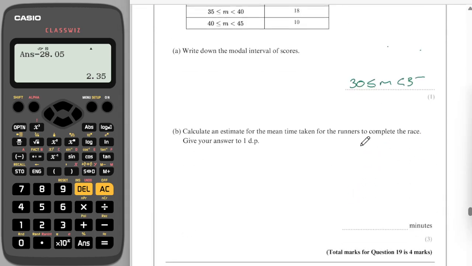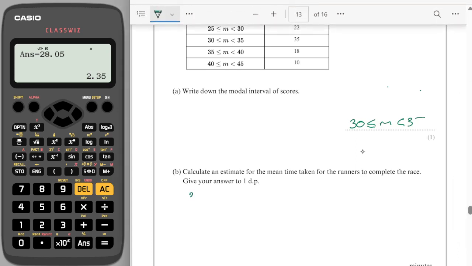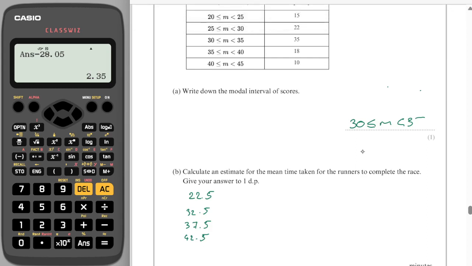Okay, part B, calculate an estimate for the mean time taken for the runners to complete the race, giving your answer to 1 decimal place. I need to take the midpoints of each group, so the midpoints are going to be 22.5, 32.5, 37.5, and 42.5. And I times those by the frequencies.